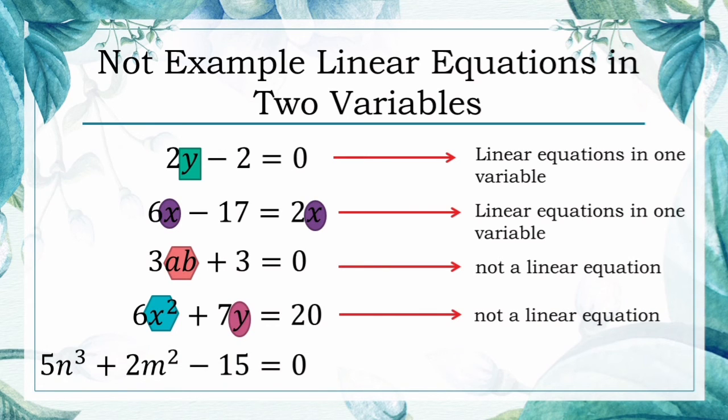Number 5. 5 times n to the power of 3 plus 2 times m to the power of 2 minus 15 equal to 0. This is not a linear equation because the highest index of power of the variable n is 3.